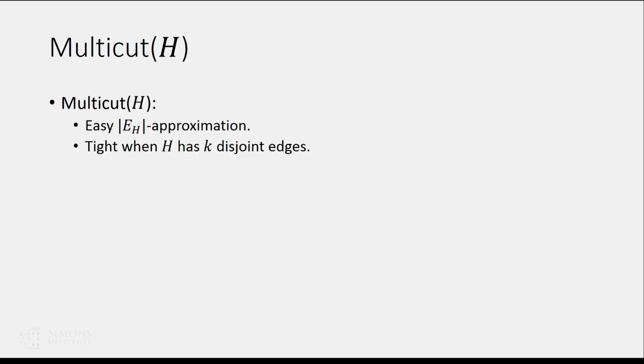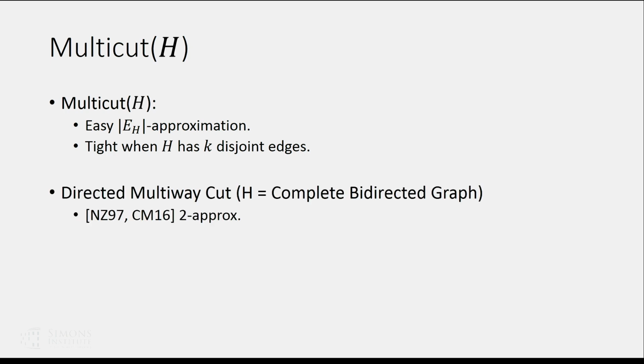If you look at multicut H in general, then we know that it has an easy E_H approximation algorithm, where E_H denotes the number of edges of H. And the previous hardness results show that it's going to be tight when H has K disjoint edges. But for some H, we know that we can do much better than this.